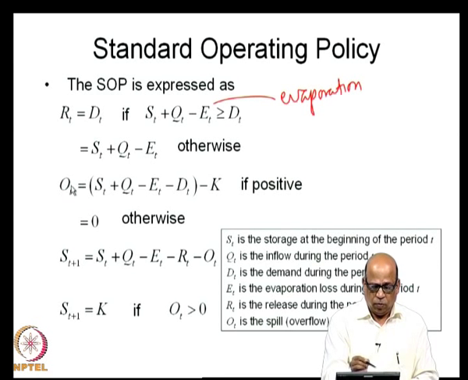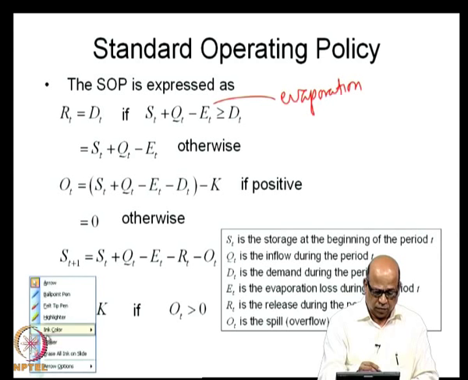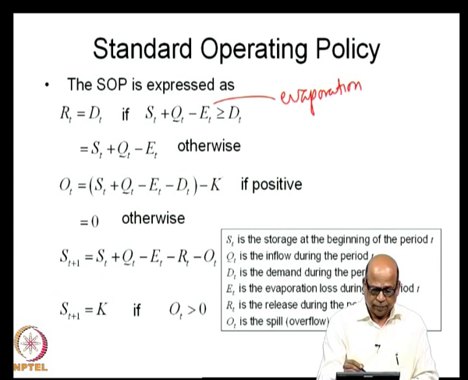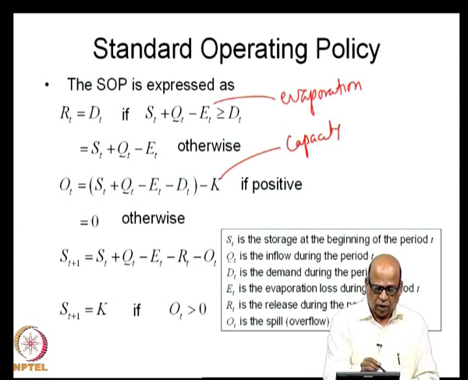The overflow will be S T plus Q T minus E T, which was the water available, minus D T, which is the demand. When you meet the full demand from this, if this value is in excess of the capacity, this is the reservoir capacity, then deduct the capacity and that will be the excess and that will be the overflow.